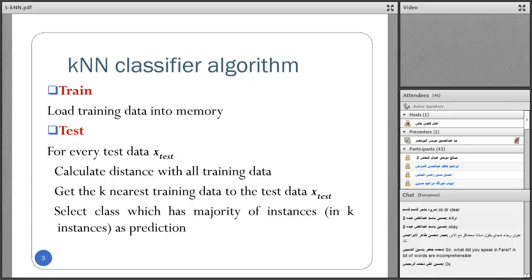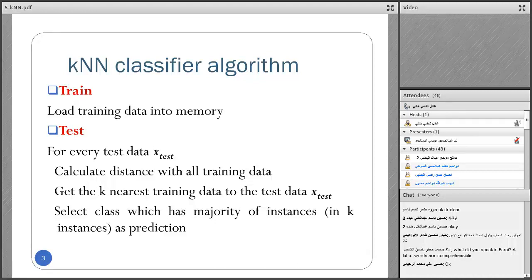Then in the test phase, for every test data, for example X test, we calculate the distance of all of the training data from this test data, and then we get the nearest data to this test data.